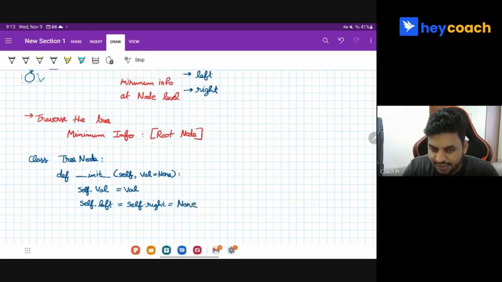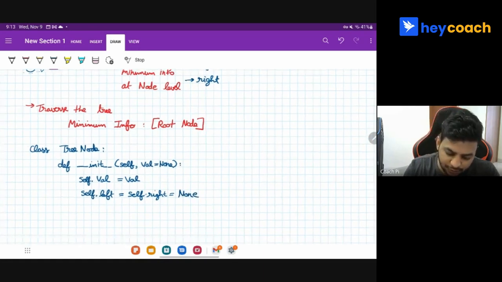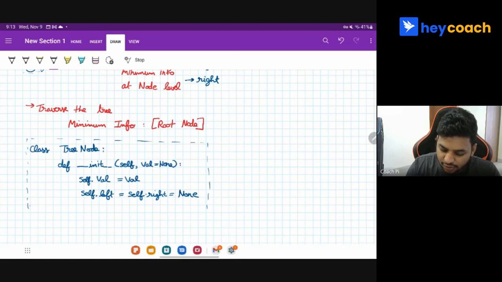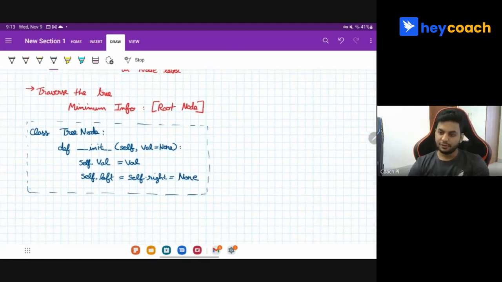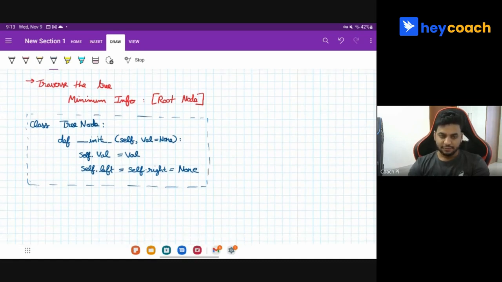So what we have done here is, in a TreeNode, we are allowing the caller to initialize a tree node with the value, which is an optional parameter. And when this node is getting initialized, we are marking the left child and the right child as None.